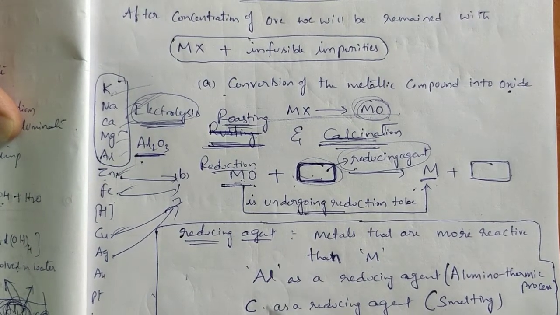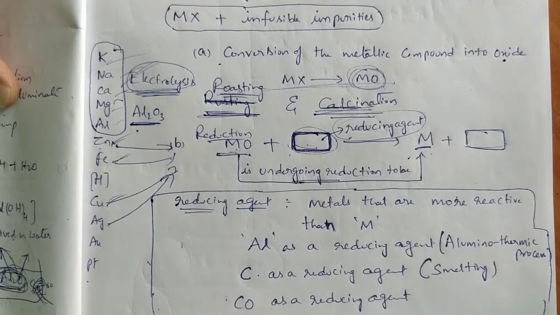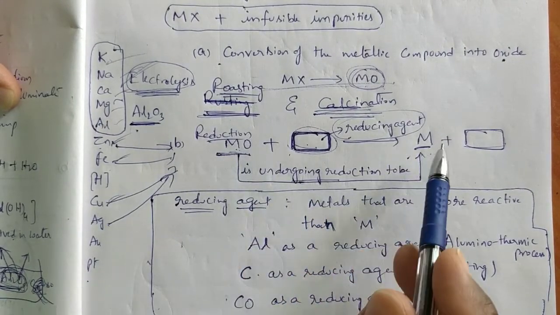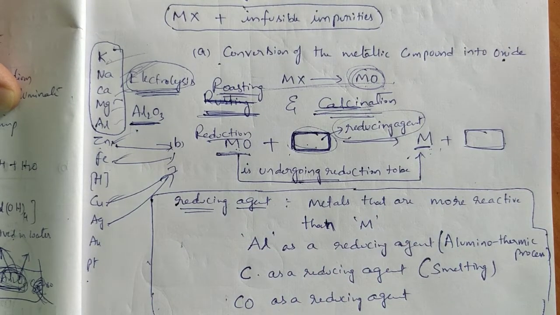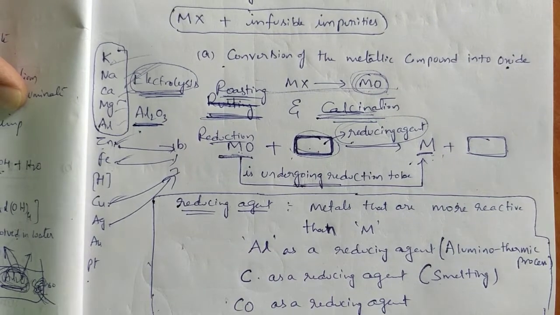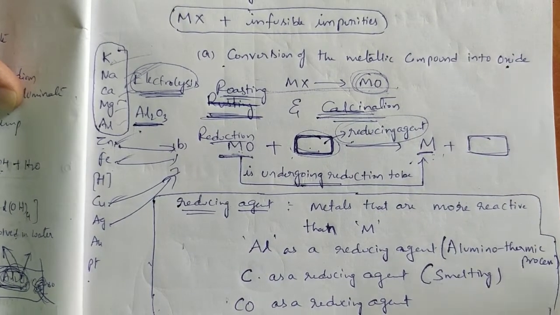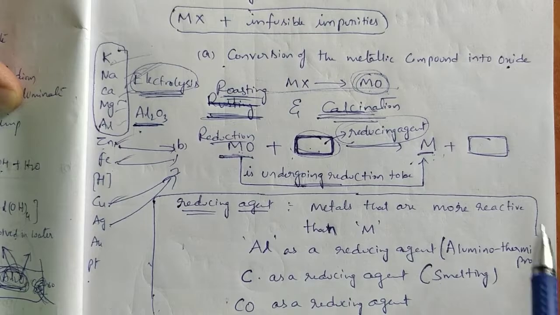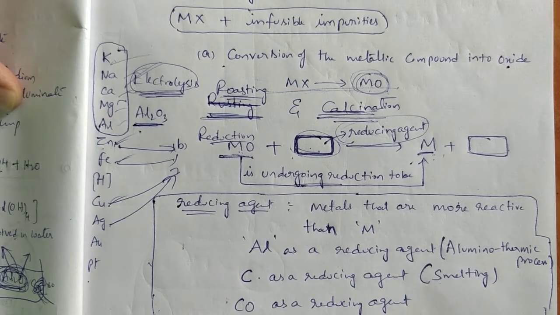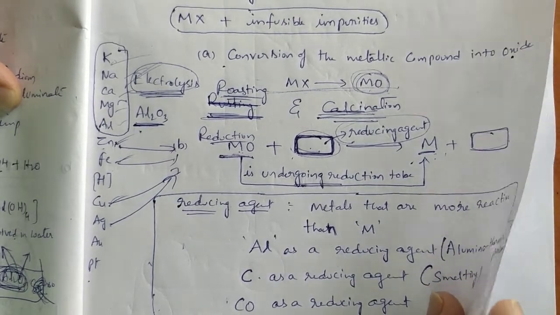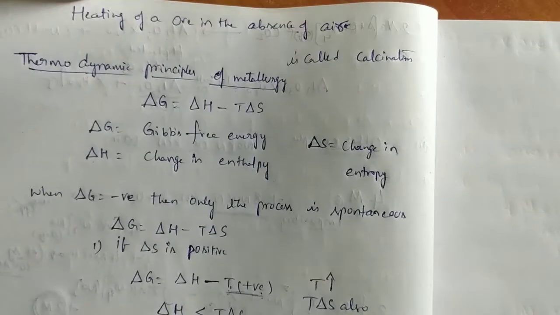Here, various types of reducing agents we can use to convert that metallic oxide to metal. Even thermodynamic principles we have seen.